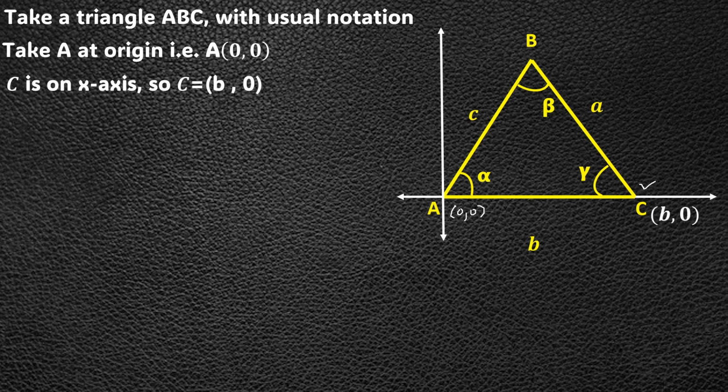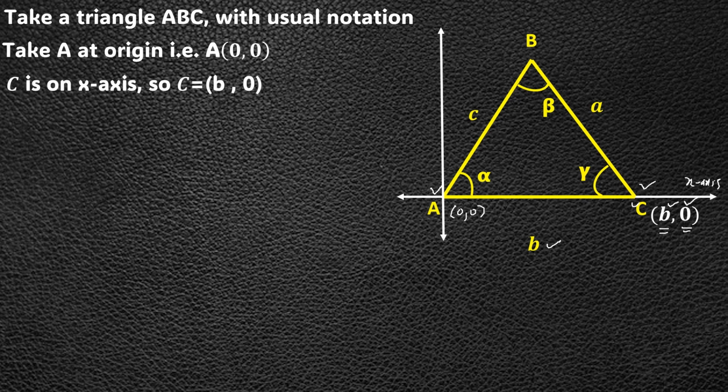The y coordinate of point C is 0 because C lies on the x-axis. The x coordinate is b because the distance of point C along the x-axis from A is equal to b. So the coordinates of point C will be b, 0.